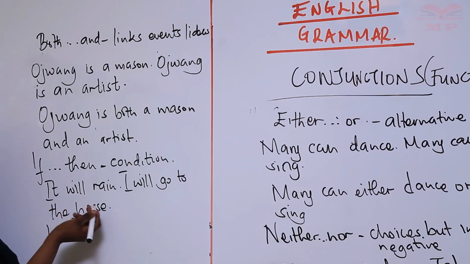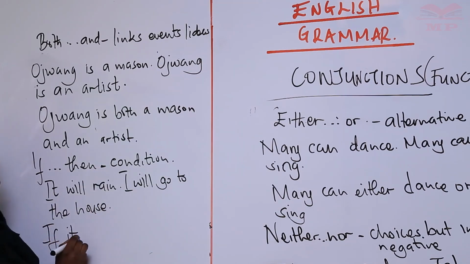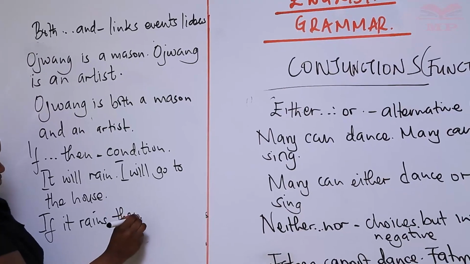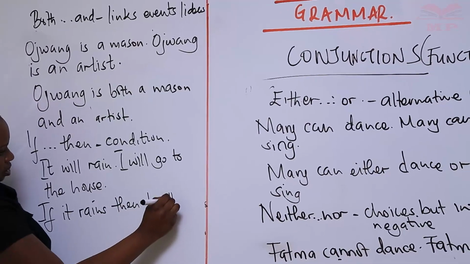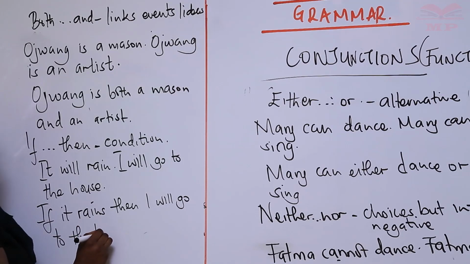If it will rain, I will go to the house. So you join using if then. So you say if it rains, then I will go to the house.